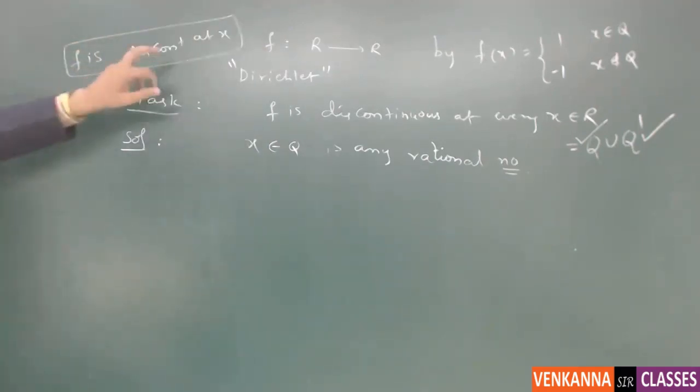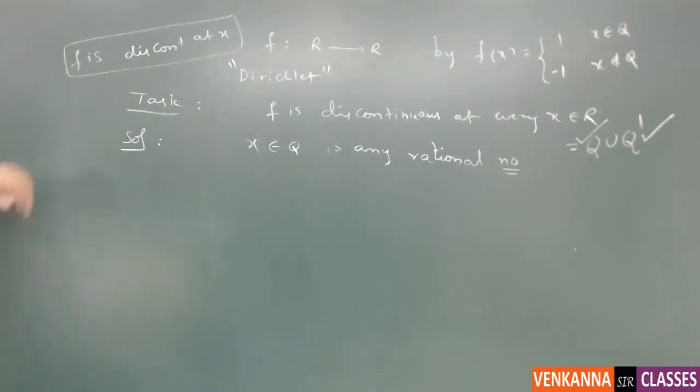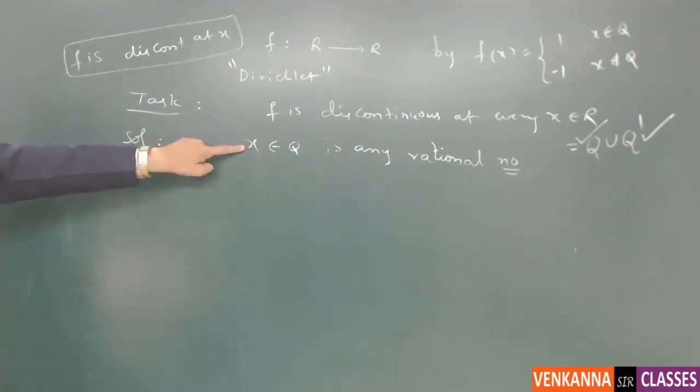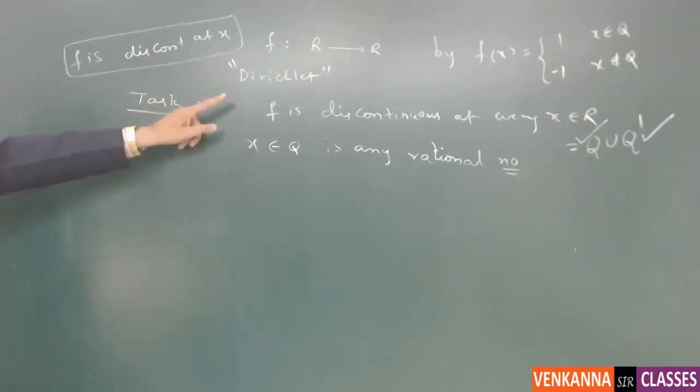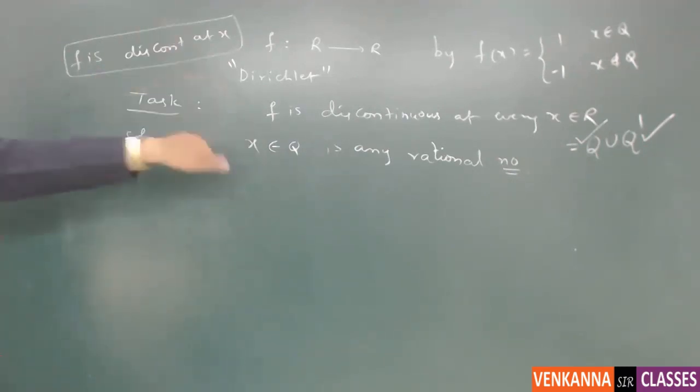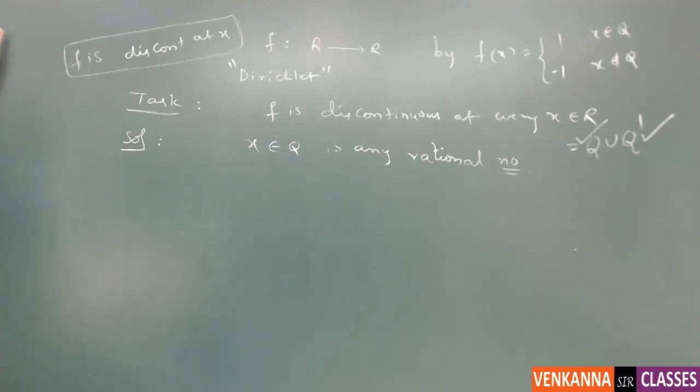This I should prove by means of the sequence criterion. In the domain, I need to frame a sequence such that the sequence is converging to x, but the image sequence is not converging to f of x, so that I can prove that f is discontinuous at x by means of the sequence criterion. Is that clear?